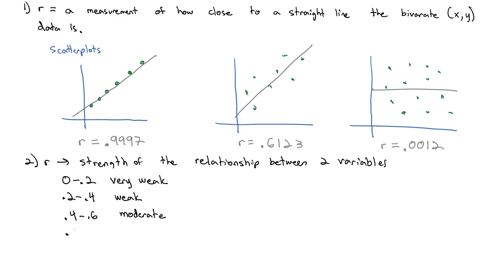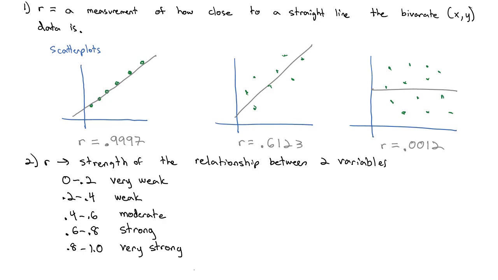But when we start getting above 0.6, maybe 0.6 to 0.8, then we start talking about it being a strong relationship. And then finally, if it is between 0.8 and 1.0, that's when we'll start talking about a very strong relationship.